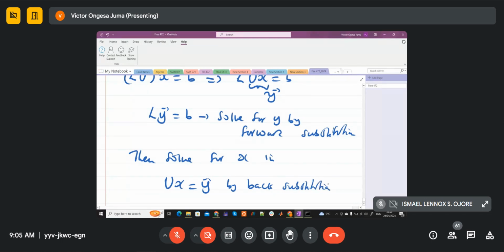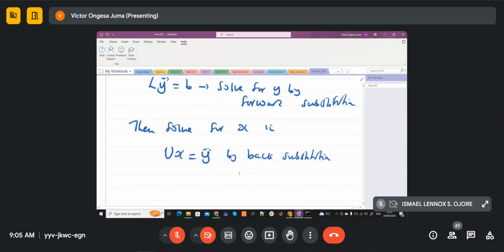So the only task you have is finding L and U, and once you have them, you solve either by back substitution or by forward substitution, and you will be done. And that's the only thing you need.